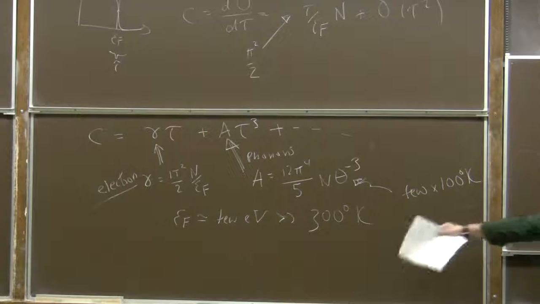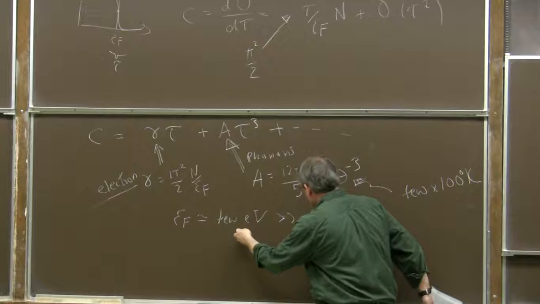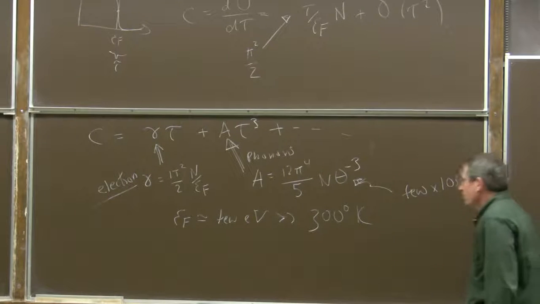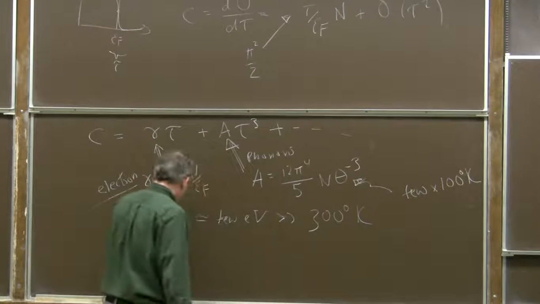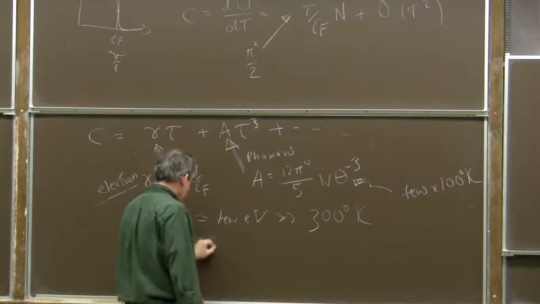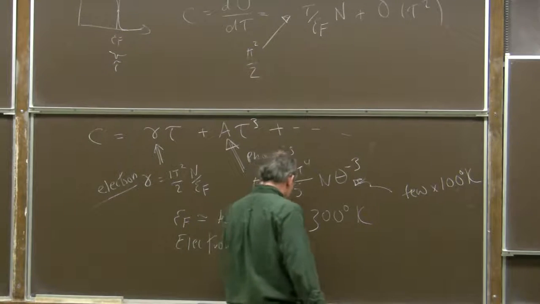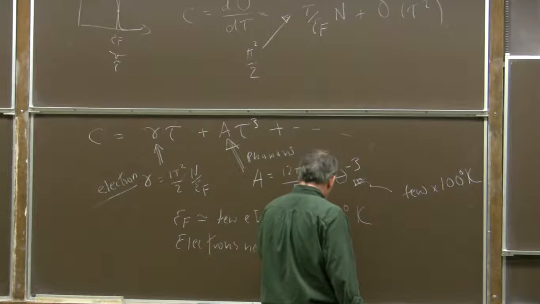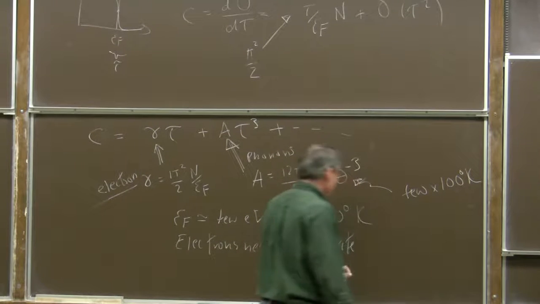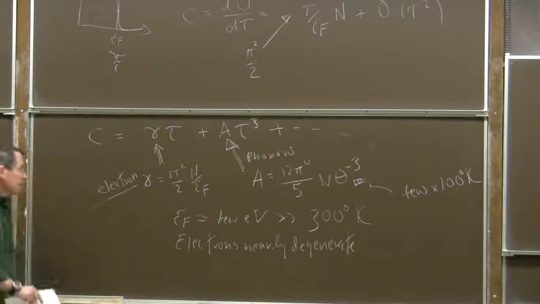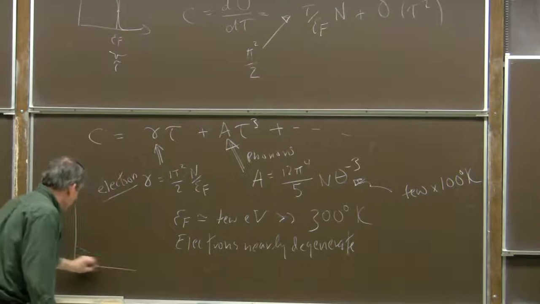Of course, it's because this Fermi energy is large compared to room temperature that we can say the electrons are nearly degenerate typically. And so we can use our formula, the leading term in an expansion in temperature. And then we can ask, where do these two things cross over?